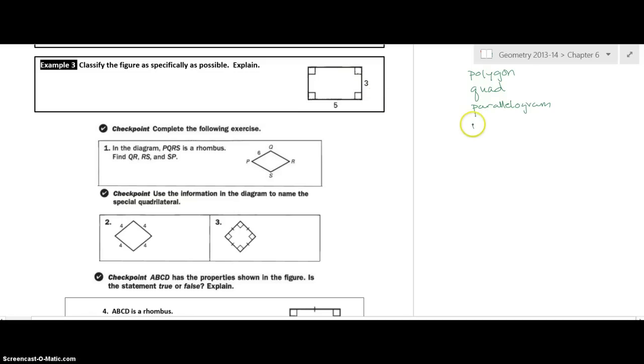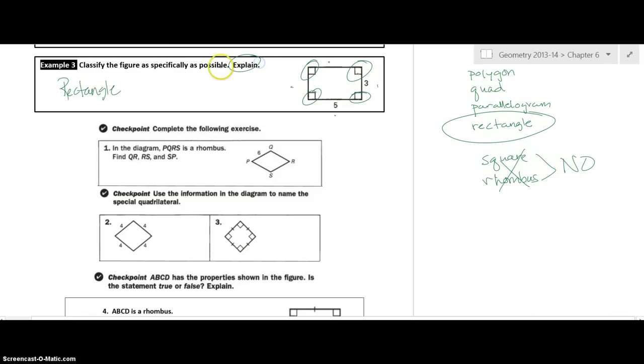But we more specifically know that it is a rectangle because we have all 4 right angles. So the question is, is it a square? Is it a rhombus? The answer is no, because all 4 sides are not congruent. So the most specific classification for this polygon is a rectangle.